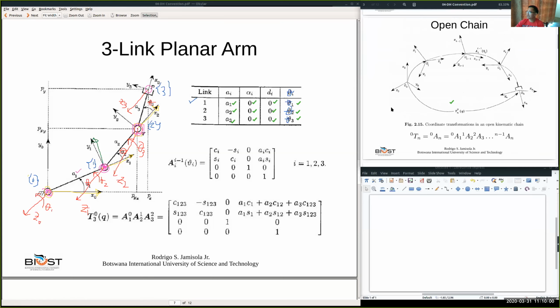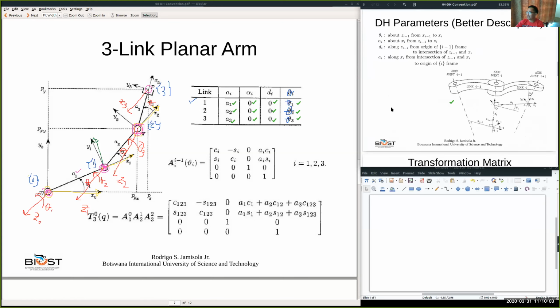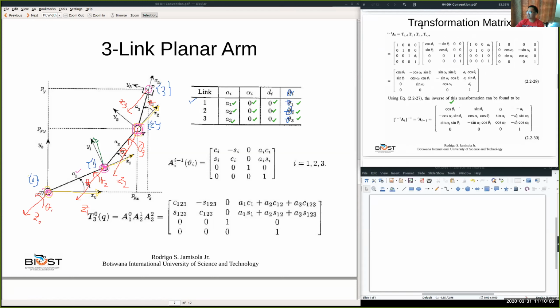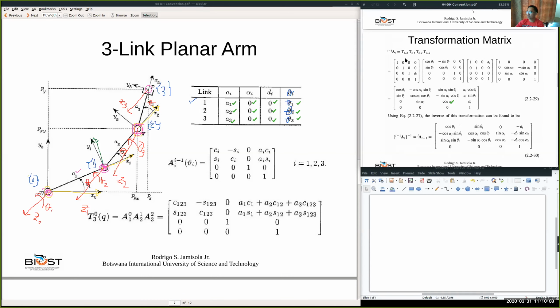As we discussed earlier, the transformation matrix takes a certain form. In this case, this is the total transformation matrix, where you have a translation of distance d along the Z axis, then a rotation about the Z axis by theta.